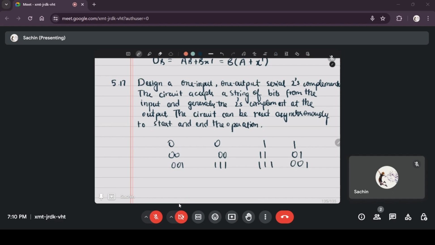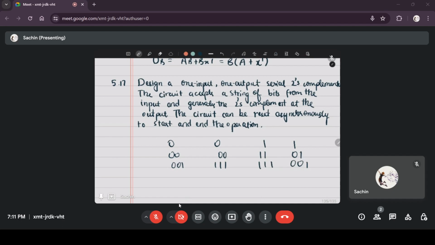Afterwards, when the first 1 occurs, the output is 1, and after that, whatever occurs should be complemented.